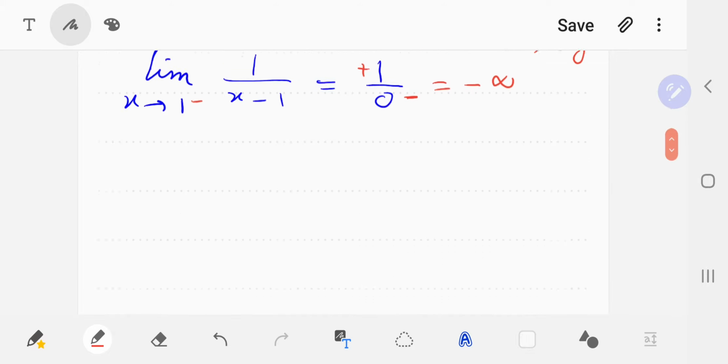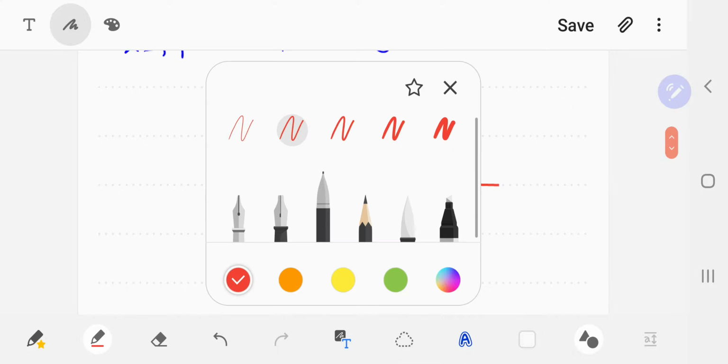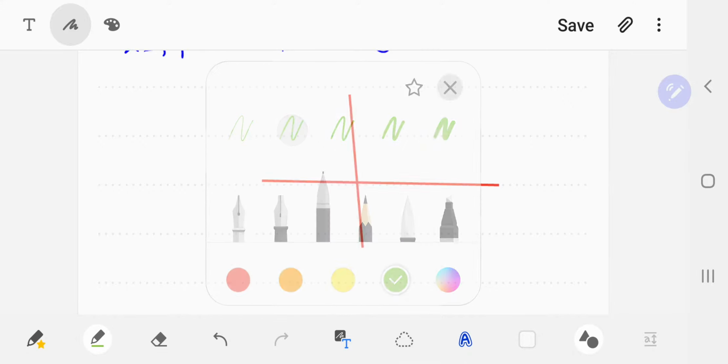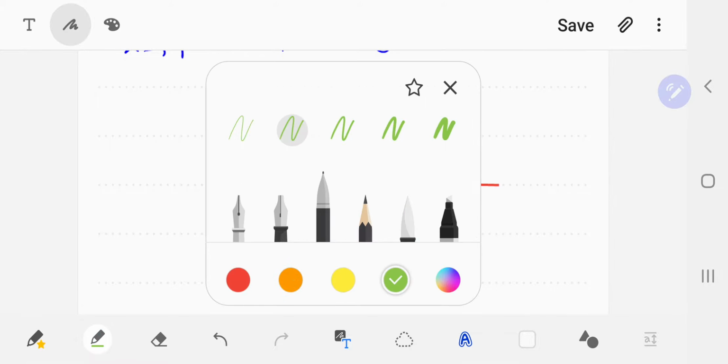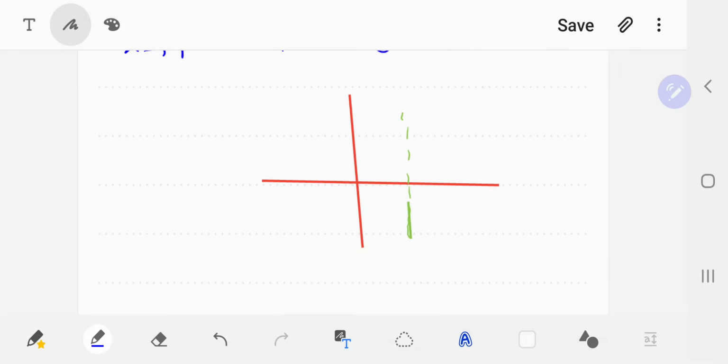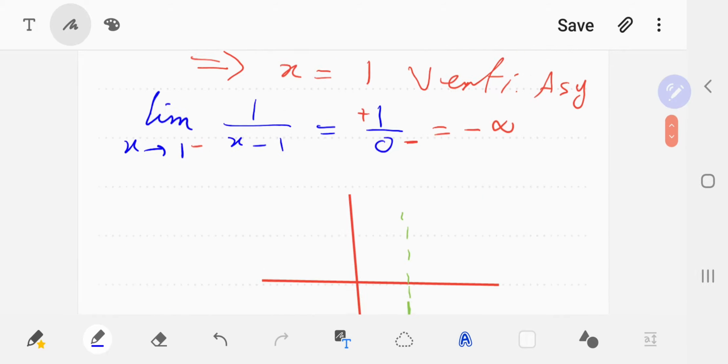Now, what does that mean for me, for the graph? Let's say, for example, I'm talking about x equals 1. So at x equals 1, I'm going to have a vertical asymptote, and according to my results here, when I'm approaching 1 from the right, the function is approaching infinity.